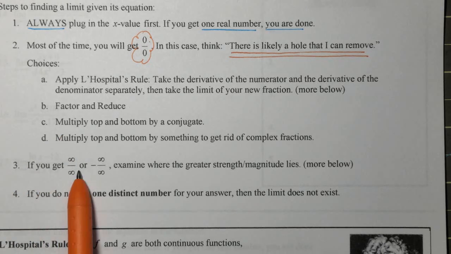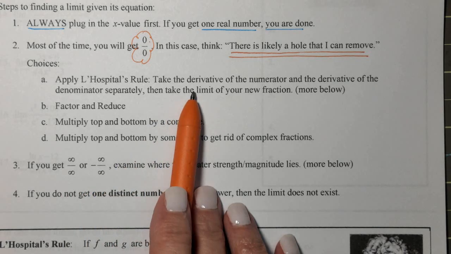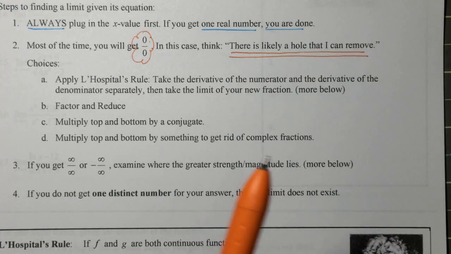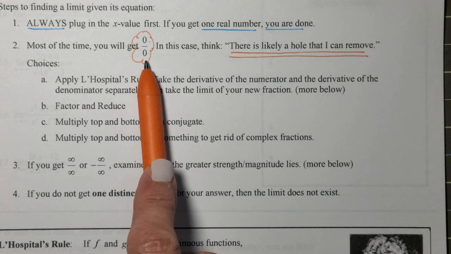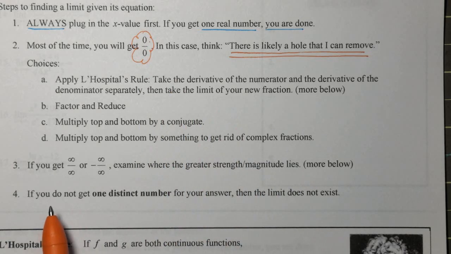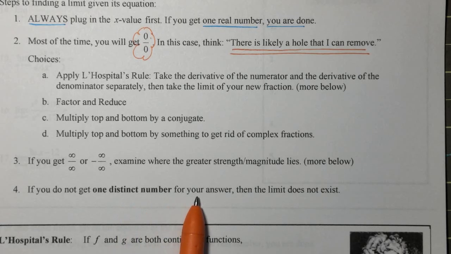If you get infinity over infinity or negative infinity over infinity, yes, you can use L'Hopital's rule, but I don't. I examine where my greater strength of infinity lies, and we'll talk about that in a moment. So the only time I personally use L'Hopital's rule is if I get 0 over 0, okay? If you do not get one distinct number for your answer, then the limit does not exist still, okay?